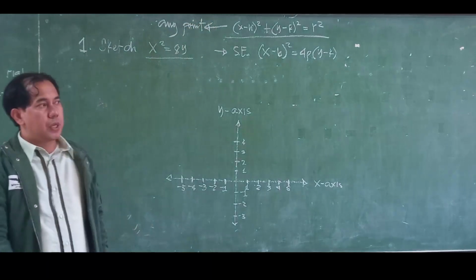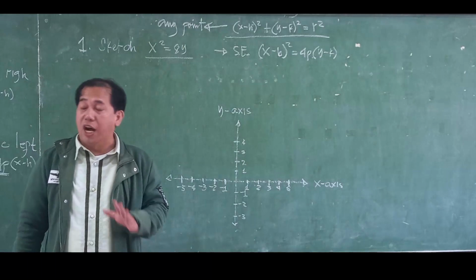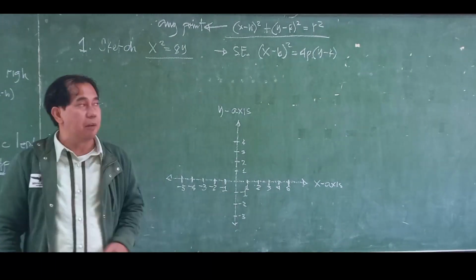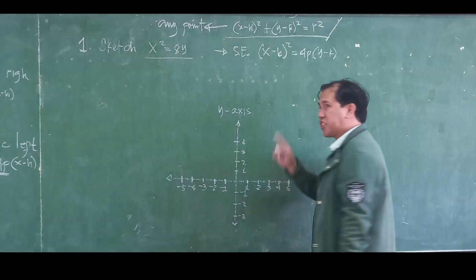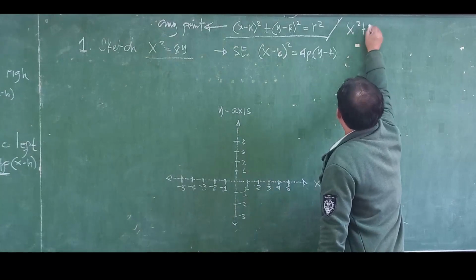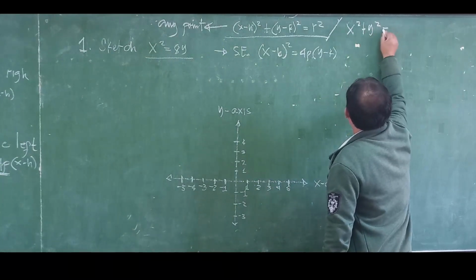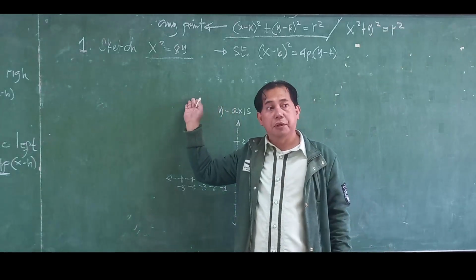But you will notice that when our center is located at the point of origin, one of our standard equations for the circle is the same as x raised to 2 plus y raised to 2 equals r raised to 2. And that is applicable in here.